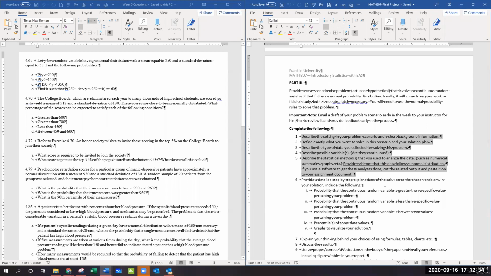If you have a research topic, and within that topic, you're going to investigate a certain question that is going to involve gathering data that would be from a normal distribution, i.e. you're going to be pulling data that's going to be a continuous random variable, right? As long as it's a continuous random variable, that's all it has to be.